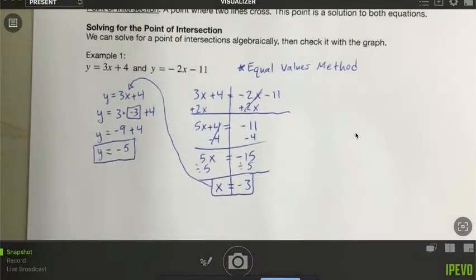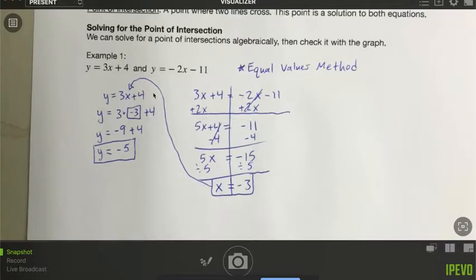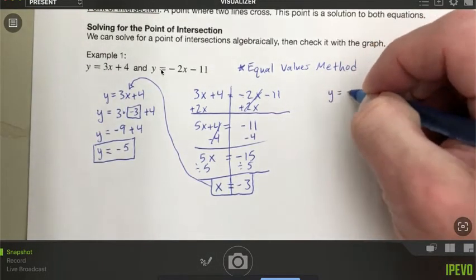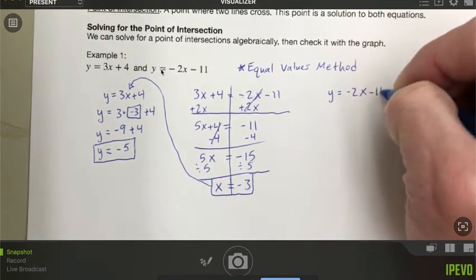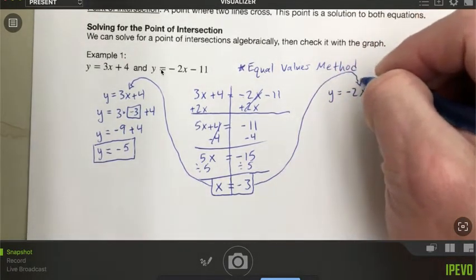Which, once again, notice how that y value is negative 5. But I only used the first equation. My goal is to show that it works for both equations. So what about this one? We can do the exact same thing. We can say, what if x is negative 3 in the other equation?